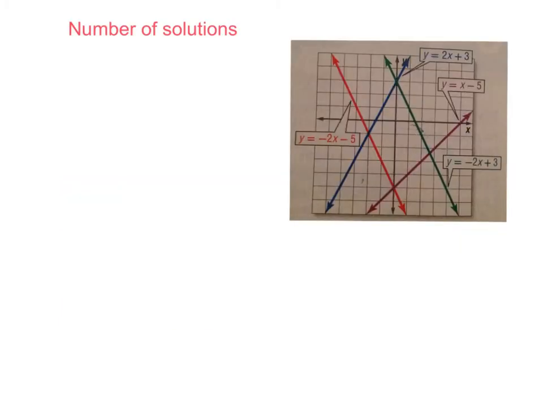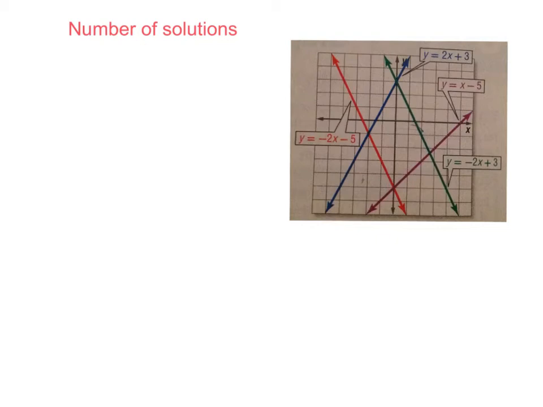So when we are using number of solutions, we may be given a graph like this one shown here. It will say, use the graph at the right to determine whether each system is consistent or inconsistent, and if it is independent or dependent. So there you will be given some systems.